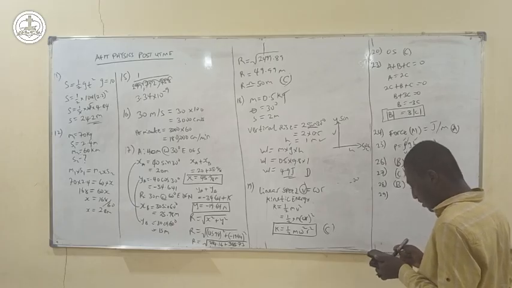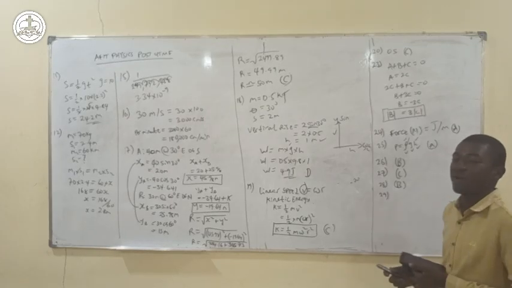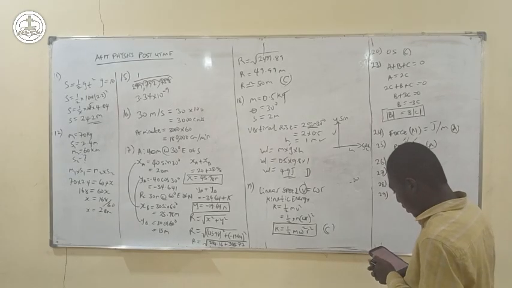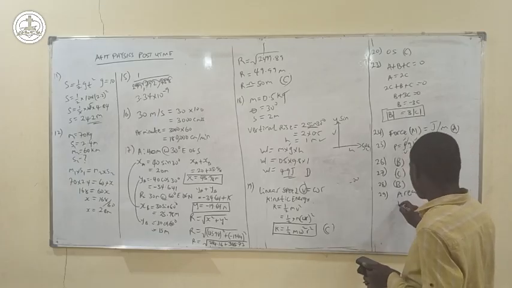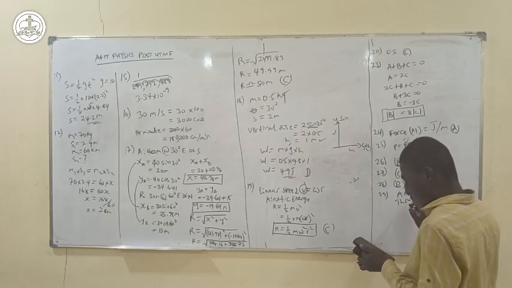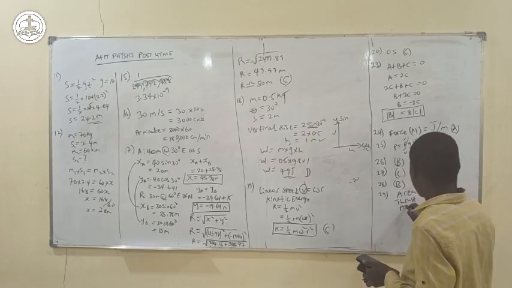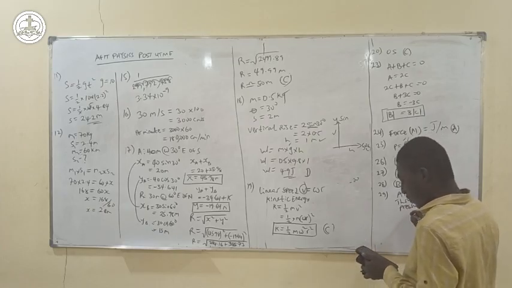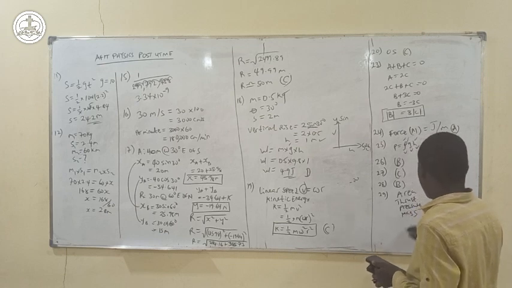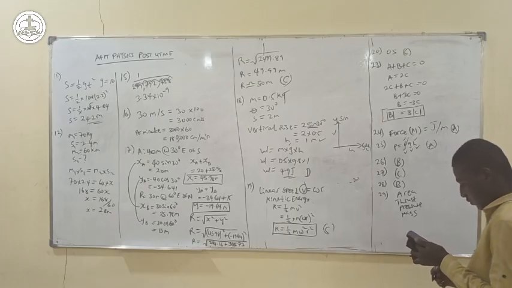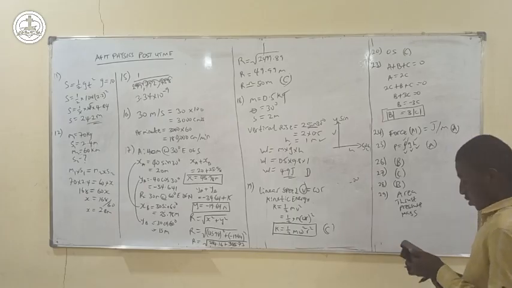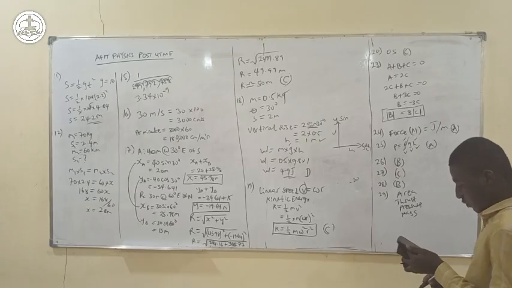He said, which of the following physical quantities are derived? Now you know we have fundamental quantities and we have derived quantities. Listing them out: area, thrust, pressure, and mass.